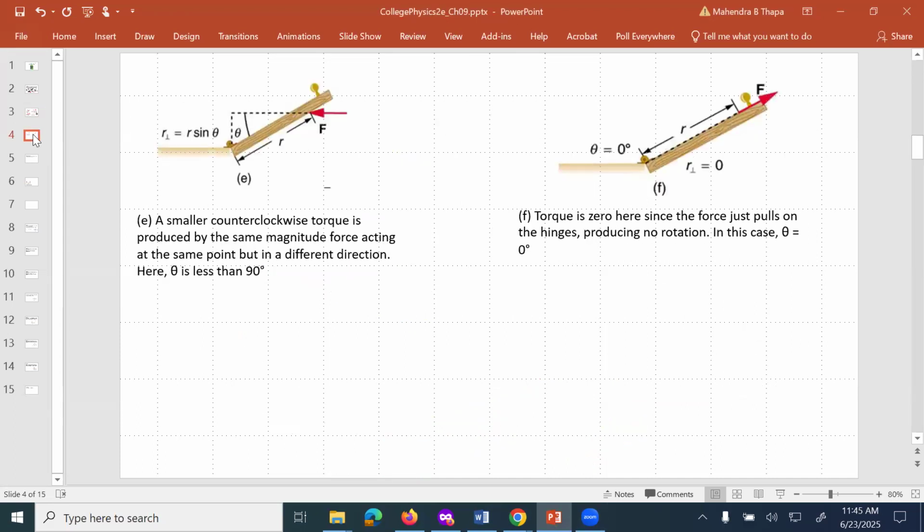In this example E, look here. This is the pivot point about which this rod will move.